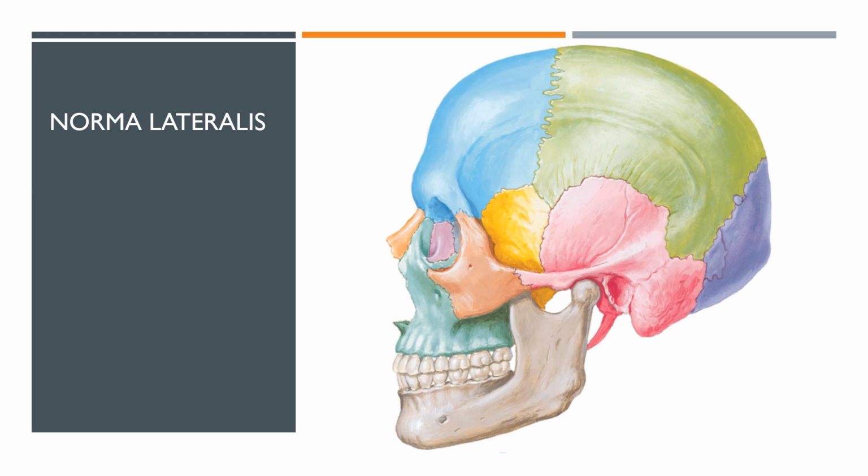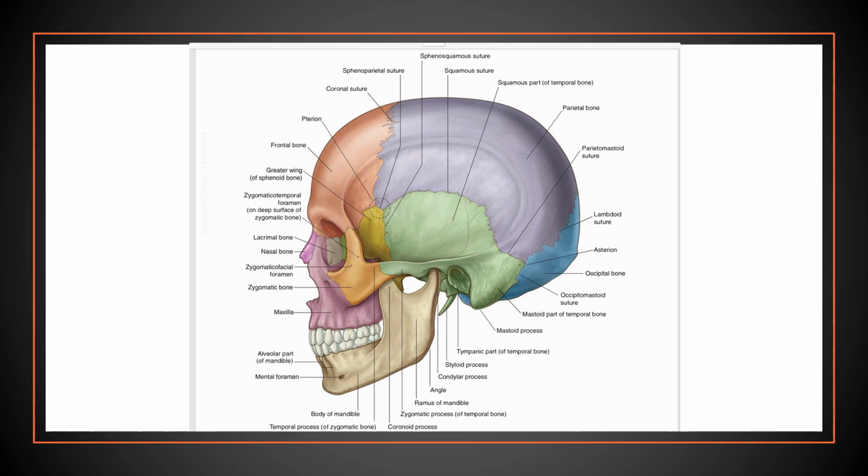You can see also lots of details in this diagram. I prefer to explain first on the unlabeled photo, and then to give you some time just to have a quick look at this labeled lateral view of the skull.